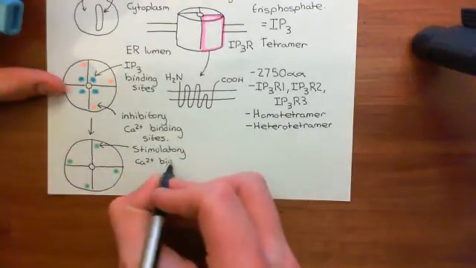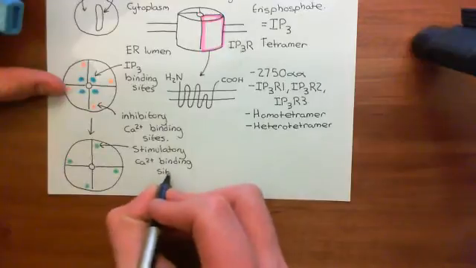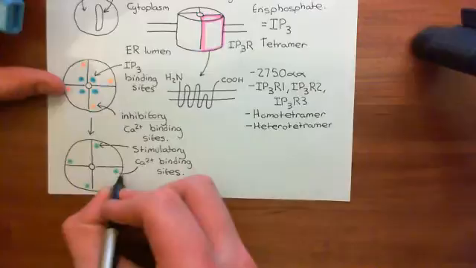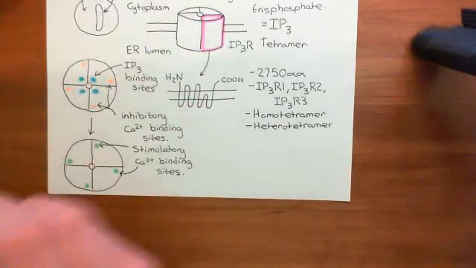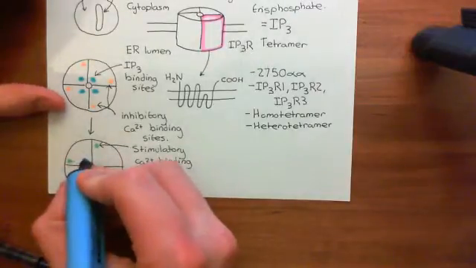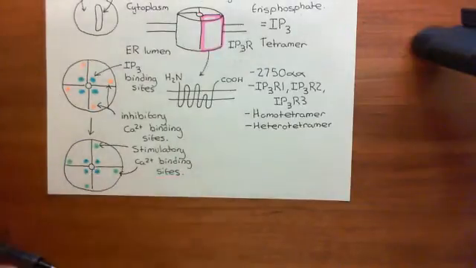I'll also show the IP3 binding sites on this second picture as well. So these are stimulatory calcium binding sites, so I suppose I should have multiple arrows here, since I've used the plural. Now, I'll also show the IP3 binding sites on each of these subunits.